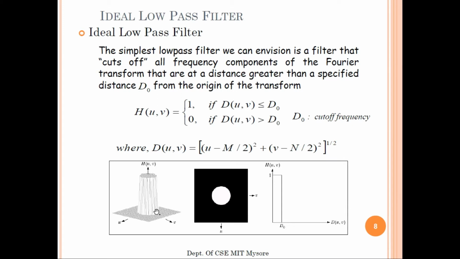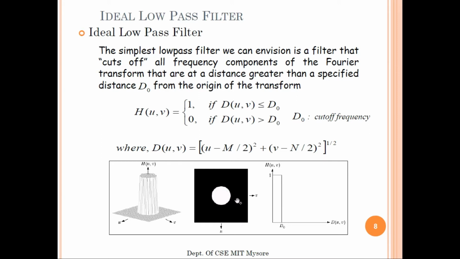So, the ideal low pass filter allows only the frequencies which are less than the D0 value. Less than D0 is allowed and the remaining values are attenuated. You can see in this figure, it allows only the frequencies within the cutoff frequency. In the second image you can see the center value is white and the remaining value is 0.